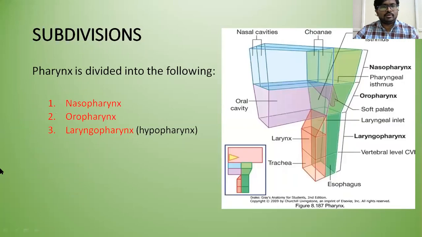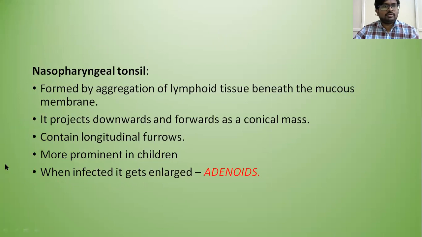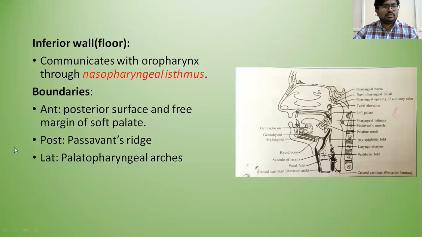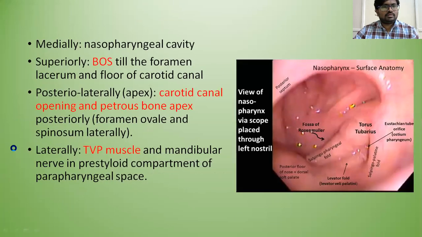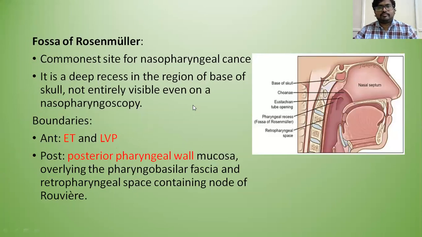Okay, I'll talk about fossa of Rosenmuller now. See, fossa of Rosenmuller is a slit-like space present behind the eustachian tube opening. It is normally not visible even when you do a nasopharyngoscopy examination.